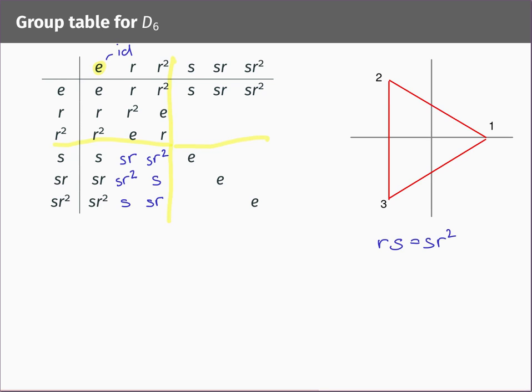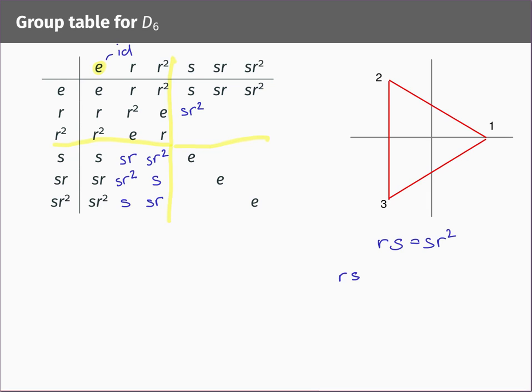So it would be, I guess technically correct just to write RS in here, but it's not really the spirit of the game, and we'd like to know which one of these six group elements, as we've written them in the rows and columns, this is equal to. And actually we know that because we know RS is SR squared. So we've already worked out that what goes here is SR squared. We can actually use this to help us work out what the next entries in that row should be, because the next entry in that row should be R times S times R.